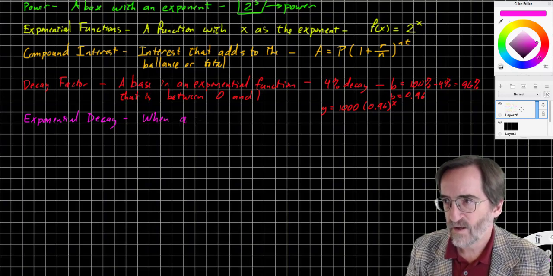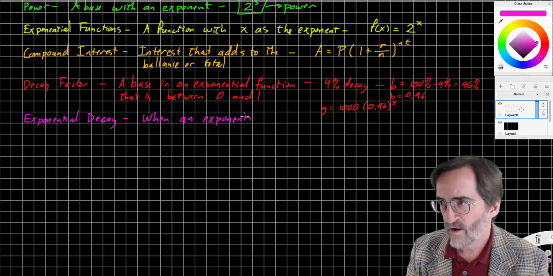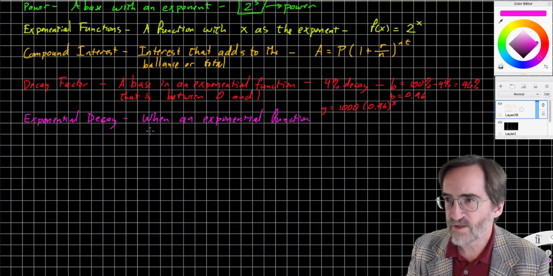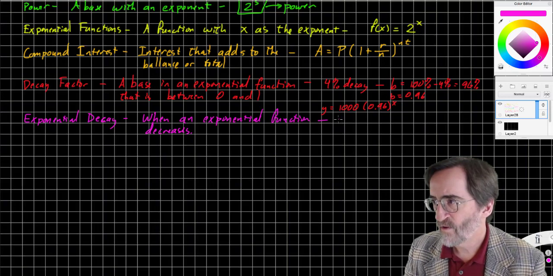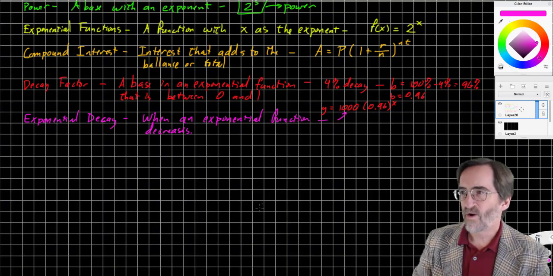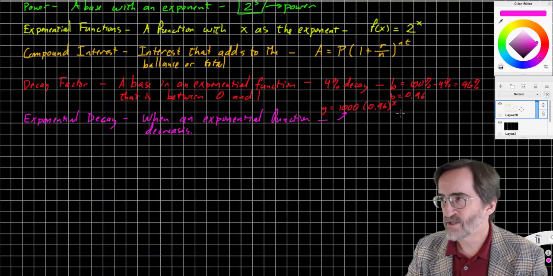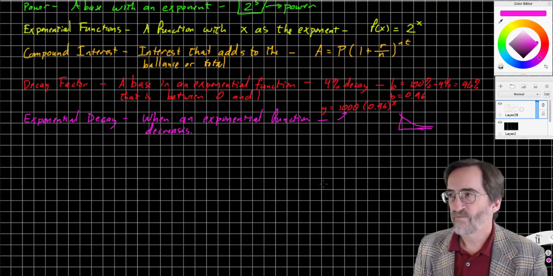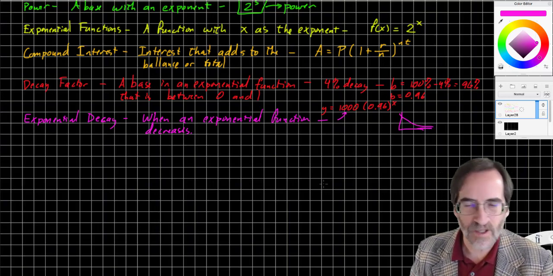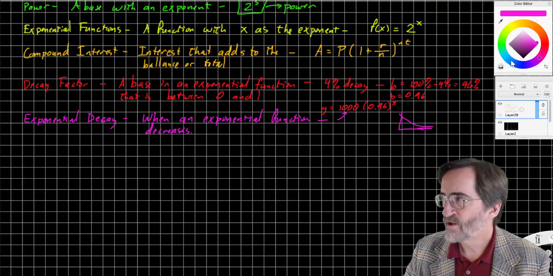Next word, exponential decay. When an exponential function decreases, example, right there, y equals 1,000 times 0.96 to the x, the graph would look something like this. Exponential decay. Exponential growth.